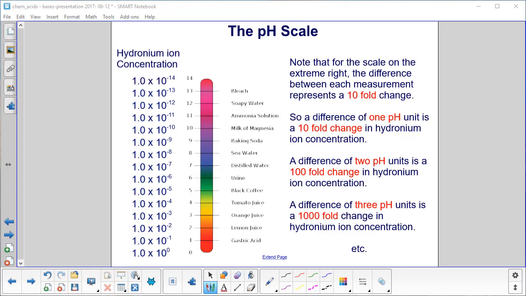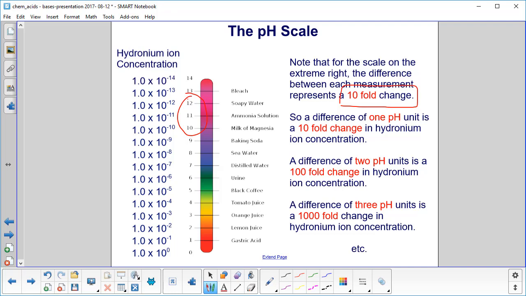Now you just have to get familiar with what's going on. For your example, you go from here, 10 to 12 doesn't seem like a big number, right? It's only 2. However, since we're using a log scale, the difference between each measurement represents a 10-fold change. So a difference of 1 pH unit is a 10-fold change in hydronium ion concentration. It's multiplied by 10.